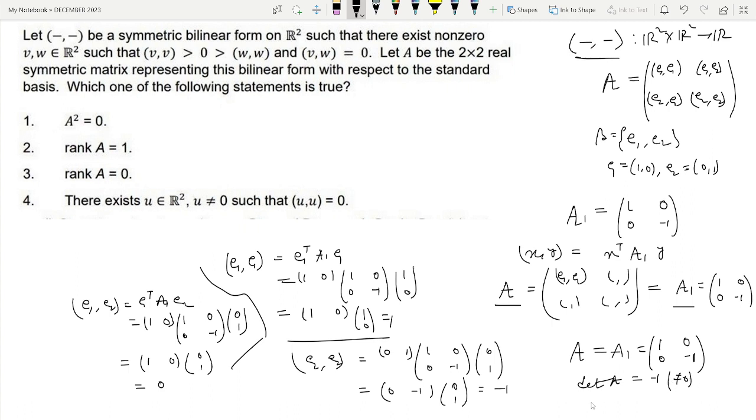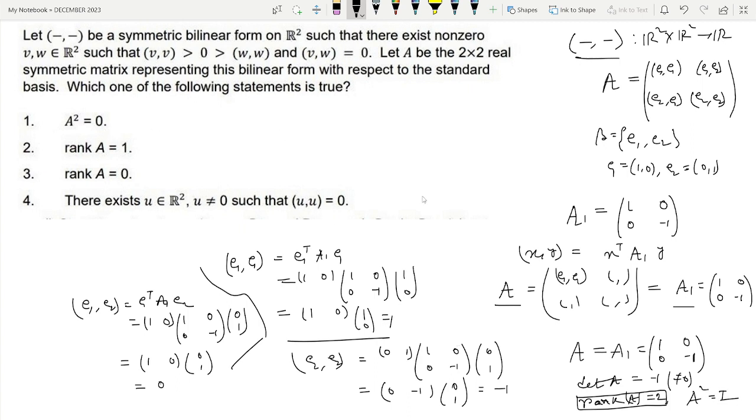Since A is a 2 by 2 matrix with det A not equal to 0, rank of A will be equal to 2. So now look at the options. A square will be actually equal to I.